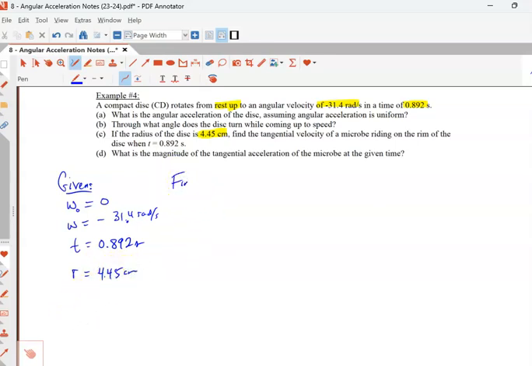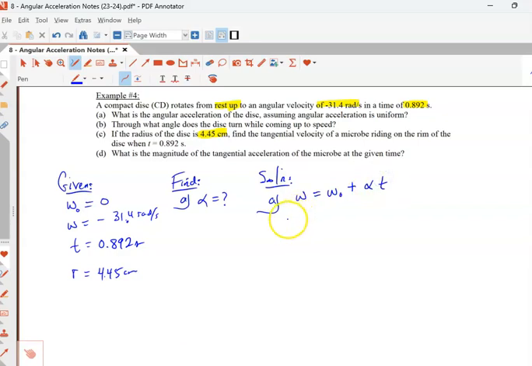So in part A, let's go ahead and solve that. That is asking for the angular acceleration alpha. The solution here for part A, we use the kinematics equation. Angular velocity final is equal to the initial angular velocity plus the angular acceleration multiplied by time.